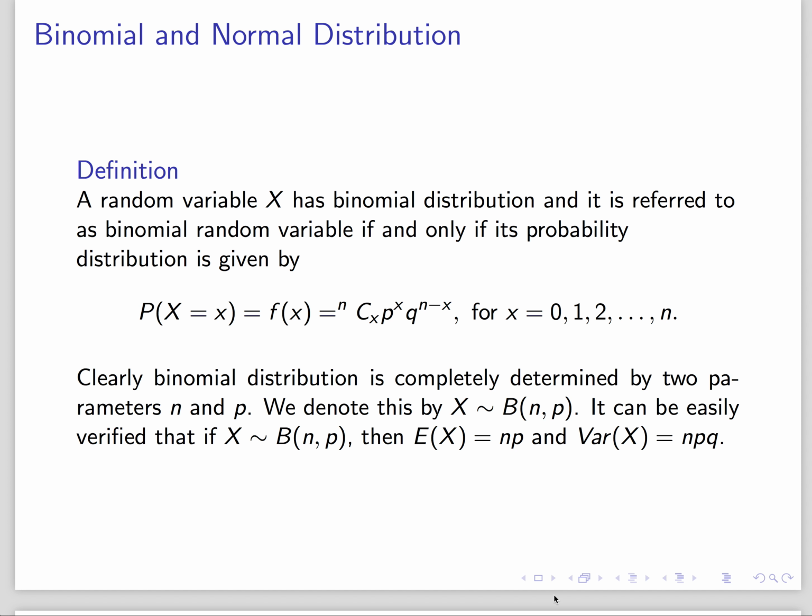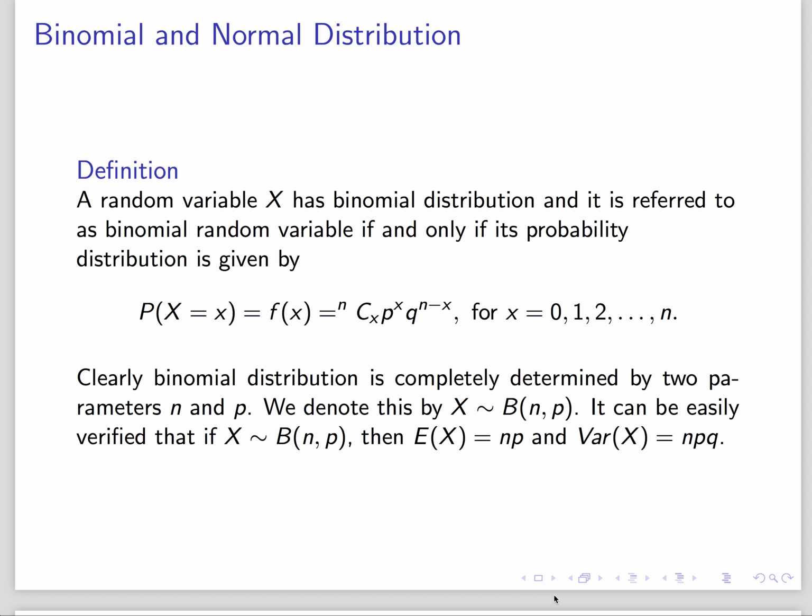So probability of getting small x number of successes is nothing but to arrange x many successes and n minus x many failures in n places. Corresponding to each arrangement, the probability will be p to the power x q to the power n minus x.